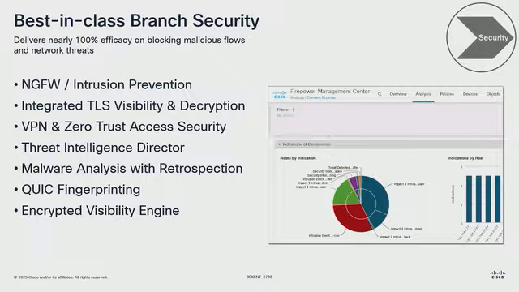Not only in our ability to decrypt, we can decrypt QUIC and all versions of TLS. We also have advanced patented features like TLS fingerprinting and the encrypted visibility engine. These capabilities allow us to inspect traffic and make judgments on it, oftentimes without having to decrypt, which is pretty nice.